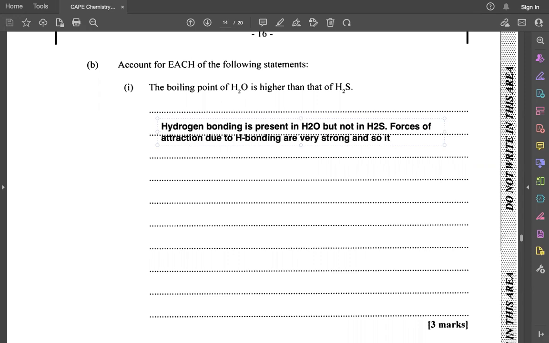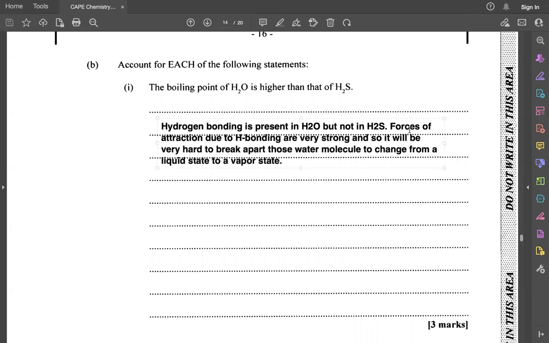And so it will be very hard to break apart those water molecules to change from a liquid state to a gaseous state, because that's what boiling involves. So change from a liquid state to a vapor phase, it's gonna be super hard to break those bonds.